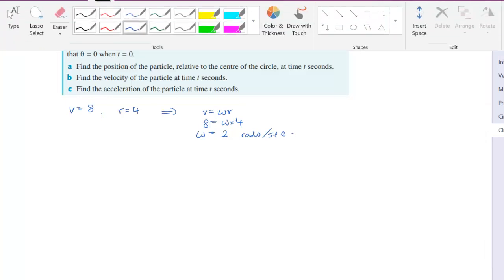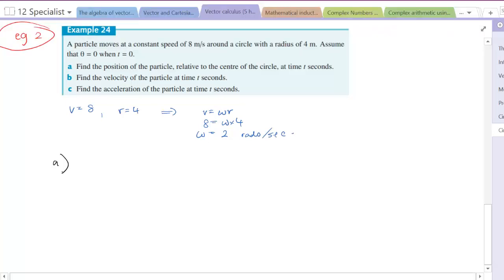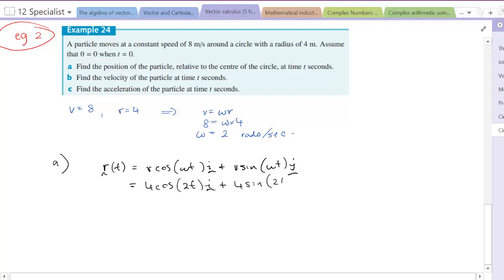Now we're being asked to find for part A the position of the particle relative to the center of the circle. So we can say again that r(t) is R cos omega t in the i and R sine omega t in the j direction, which gives us 4 cos 2t in the i and 4 sine 2t in the j. This is our function with respect to time.